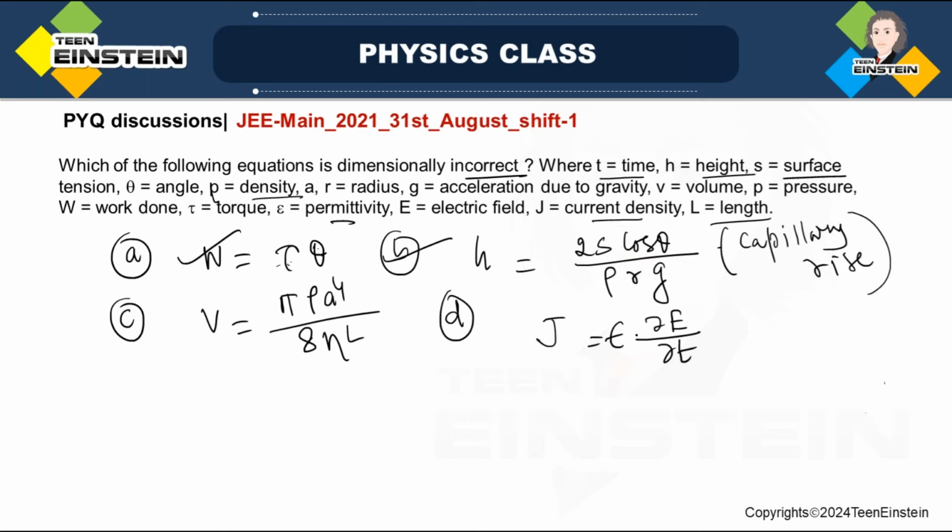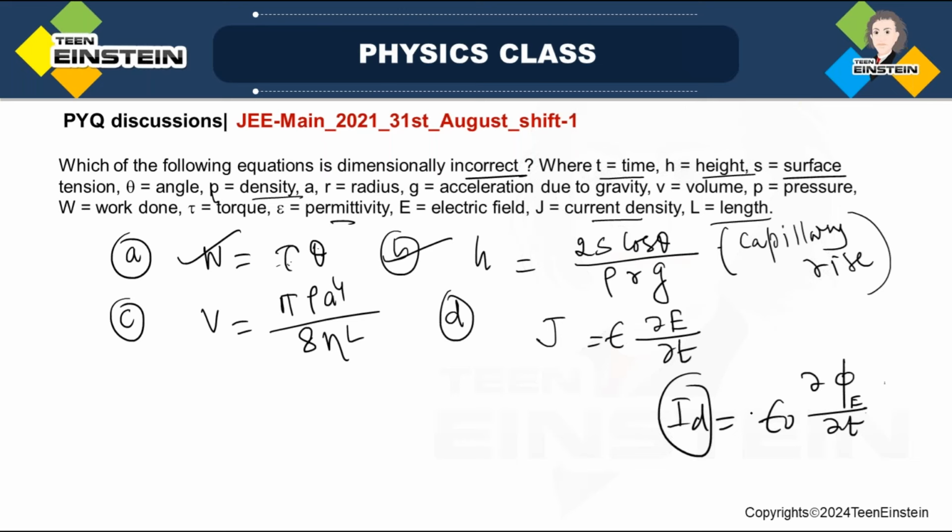Epsilon naught into. Okay, so we know electric flux by tau time into epsilon naught. This gives you displacement current.